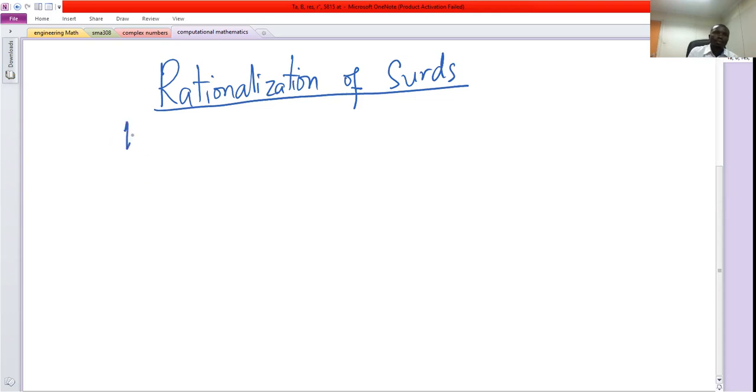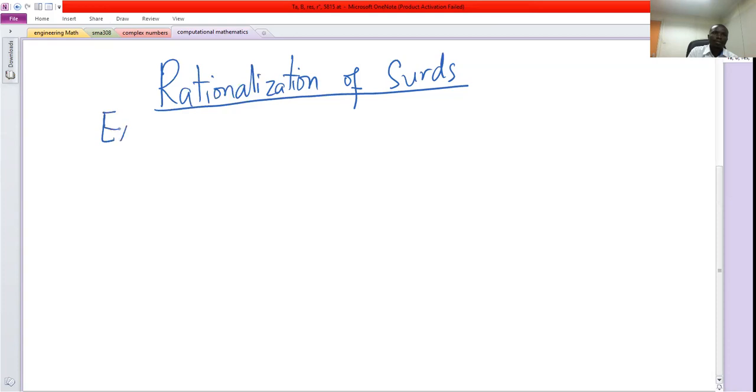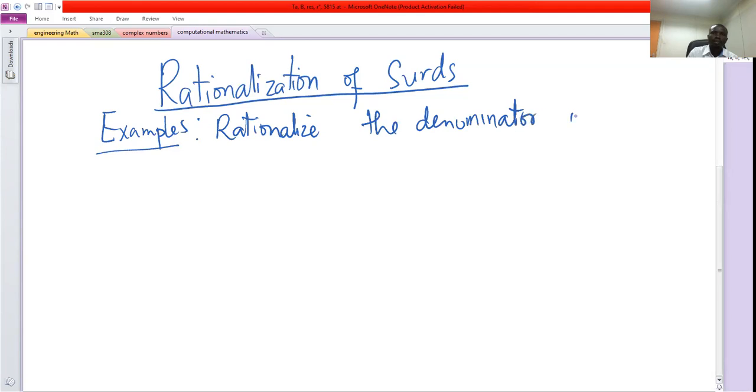So, work out examples. Rationalize the denominator in: a, 1 over root 2; b, 1 over root 5; and c, 1 over root 7.